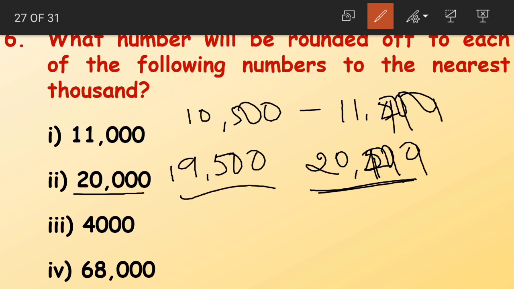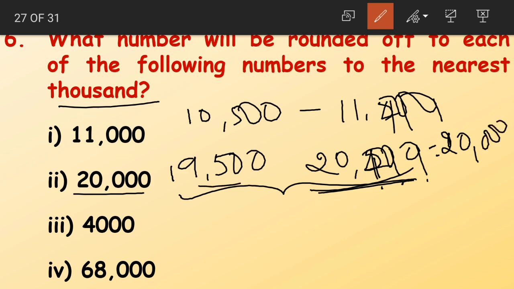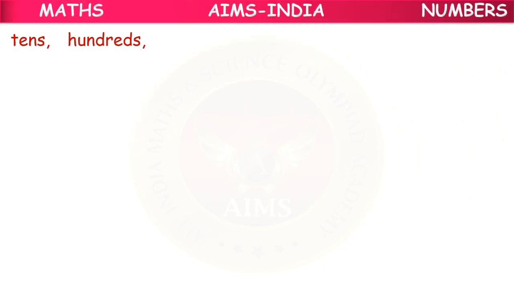So the numbers from 19,500 till 20,499, when rounded off to the nearest thousands, can be written as 20,000. These 1,000 numbers could be estimated as 20,000. Yes, students? Now questions number 3 and 4 are for your trying out purpose. Try these two questions at home. I hope this was clear.